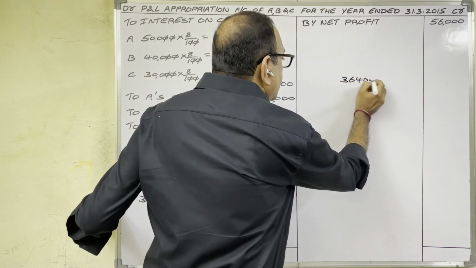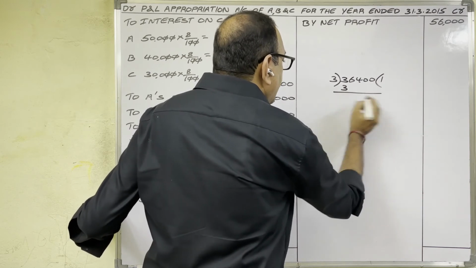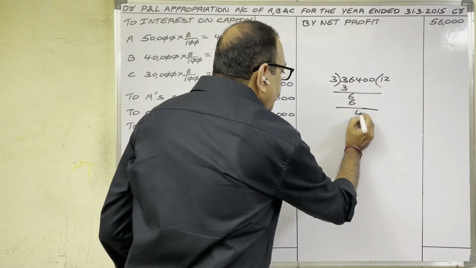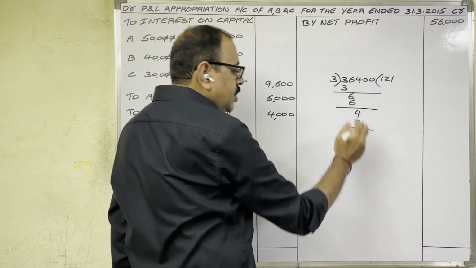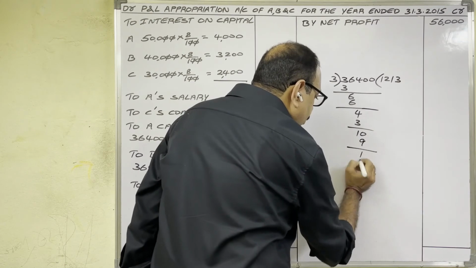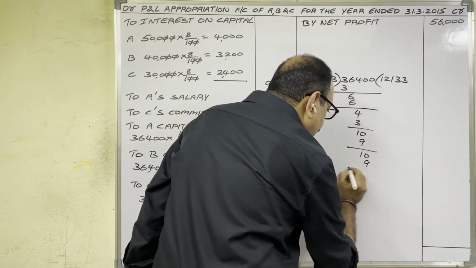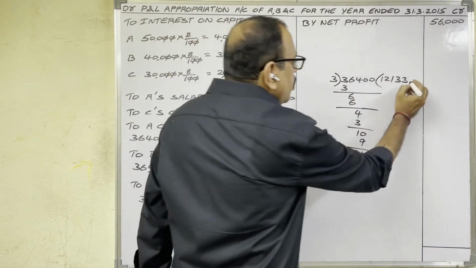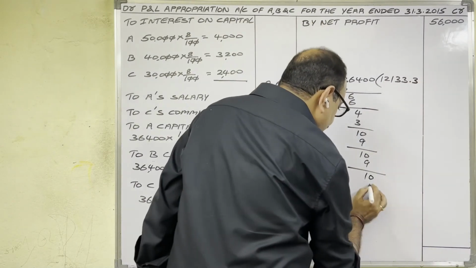36,400 divided by 3. 3 ones are 3. Bring 6, 3 2s are 6, bring 4, 3 1s are 3, 1, bring this 0, 3 3s are 9, 1, bring this 0, 3 3s are 9, 1. So nothing is there to bring. Then what to do? Put a point, add a 0. Then 3 3s are 9.